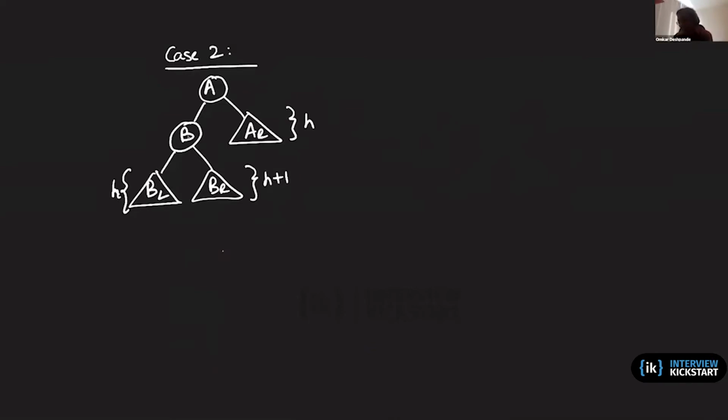So what do we do in this case? Because here also the balance factor at A is H plus 2 minus H, which is plus 2, which is a problem.